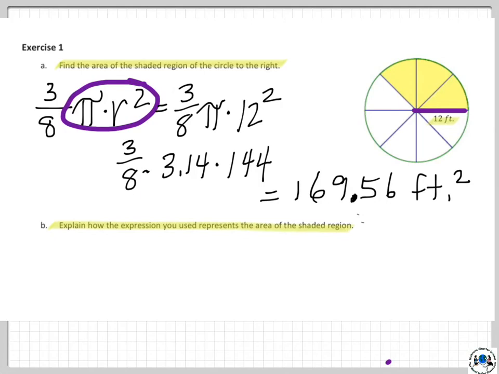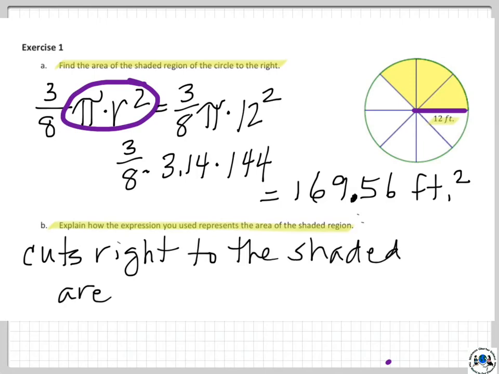The next question, B, asks us to explain how the expression you used represents the area of the shaded region. So why don't we go ahead and do that one together here. What it does is actually just cut right to the shaded area. It's the same process that I used in the problem prior, and you may have done the same.